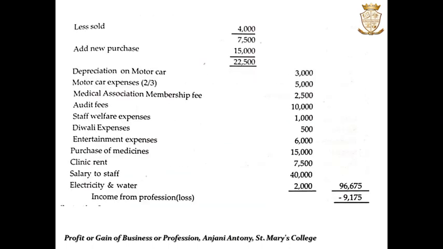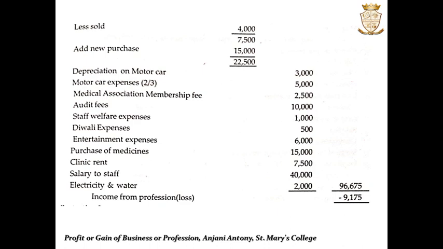And going back to the question, we can see medical association membership fee 2,500 and audit fee 10,000 rupees, staff welfare expenses 1,000 rupees, Diwali expenses 500 rupees, entertainment expenses 6,000 rupees, purchase of medicines 15,000 rupees, clinic rent 7,500, salary to staff 40,000 rupees, electricity and water 2,000 rupees.